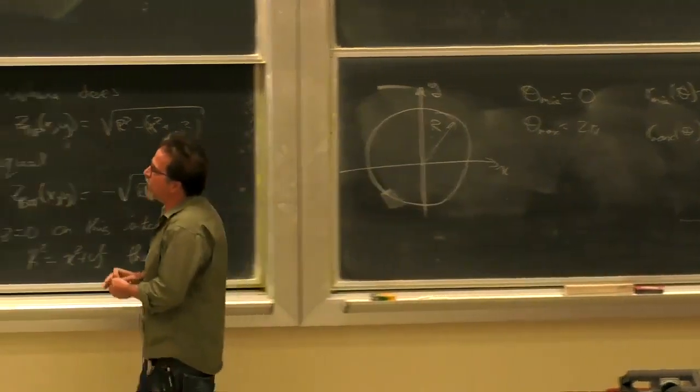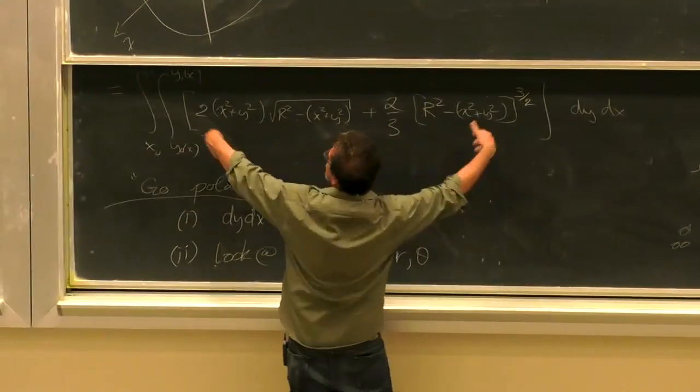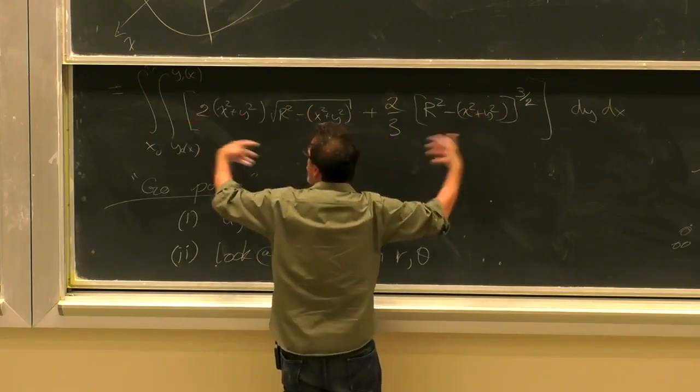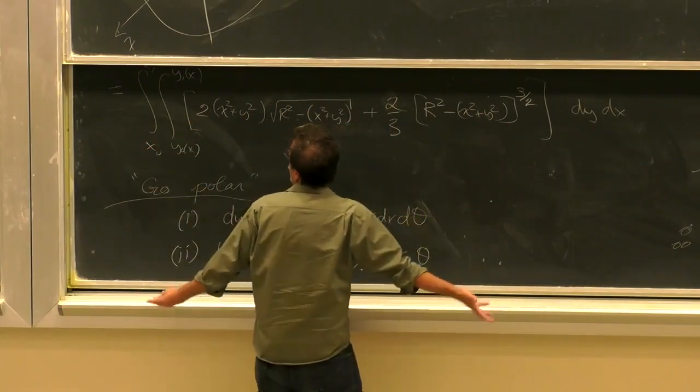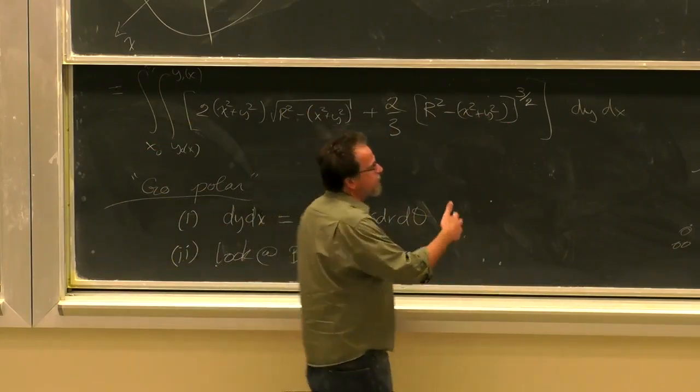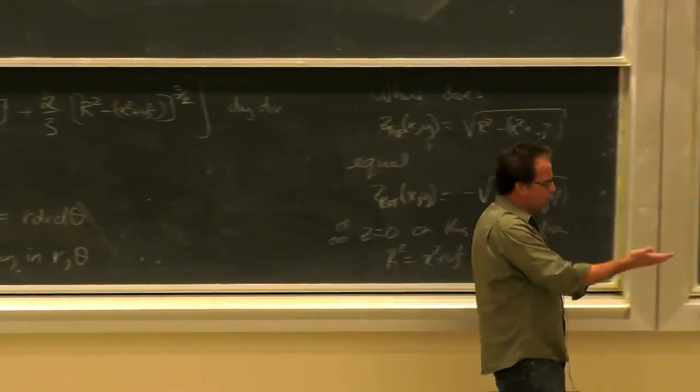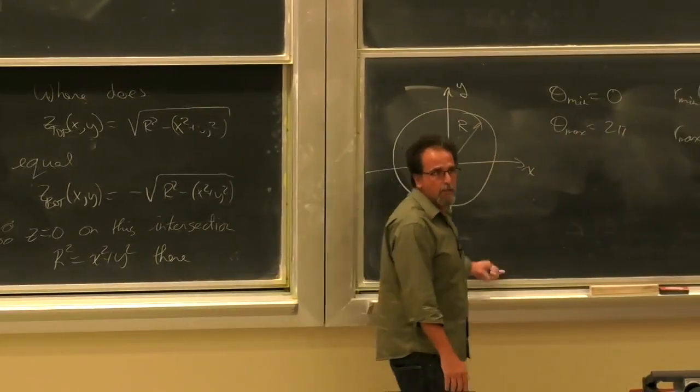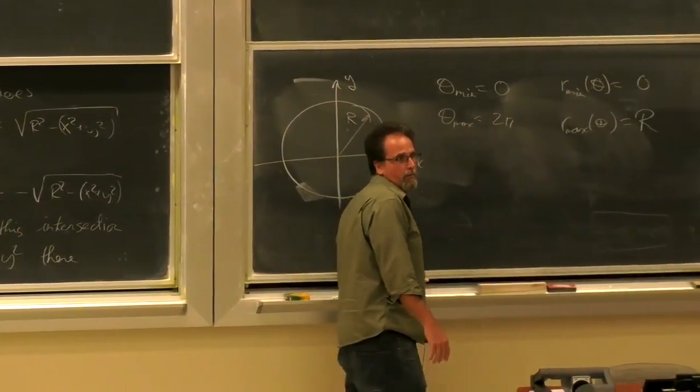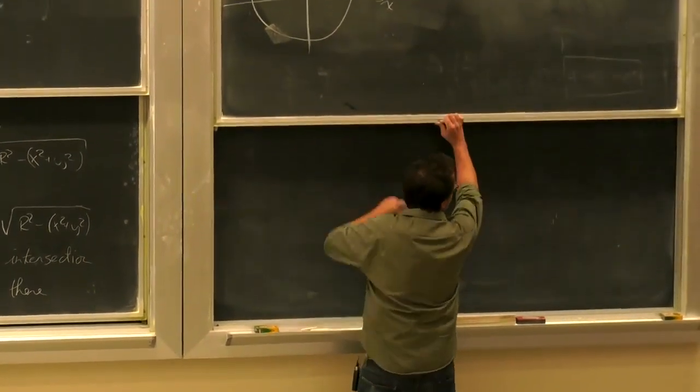So now all we have to do is integrate this somewhat complicated function over the disk of radius 1. The disk of radius 1 is super, super easy to represent in polar coordinates. That's why you use polar coordinates.